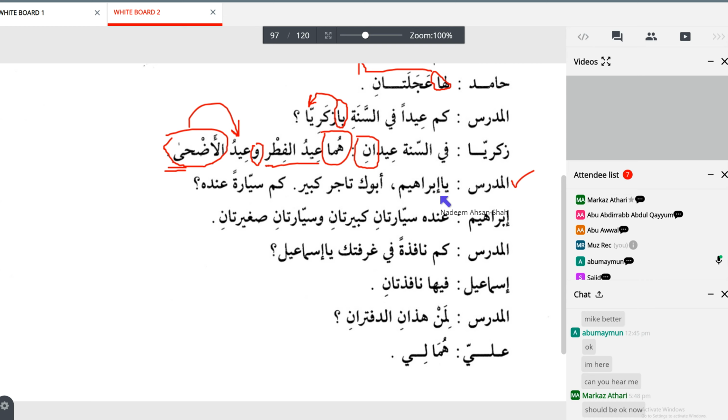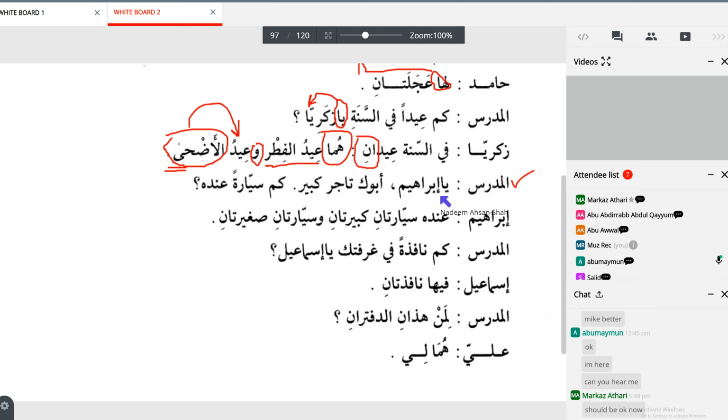Now, because this dal is harf shamsi, as you might recall from Dars al-Thalith, from the early classes, this kasra here will join onto that dal. And then how will it go, Abu Awwal? Can you read it? الدفتران.